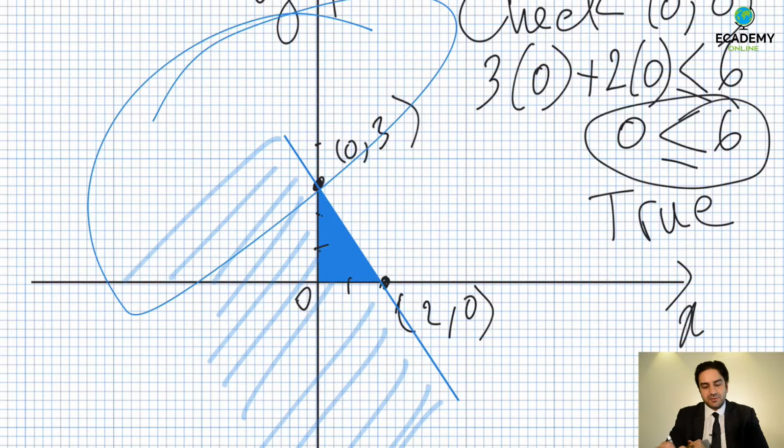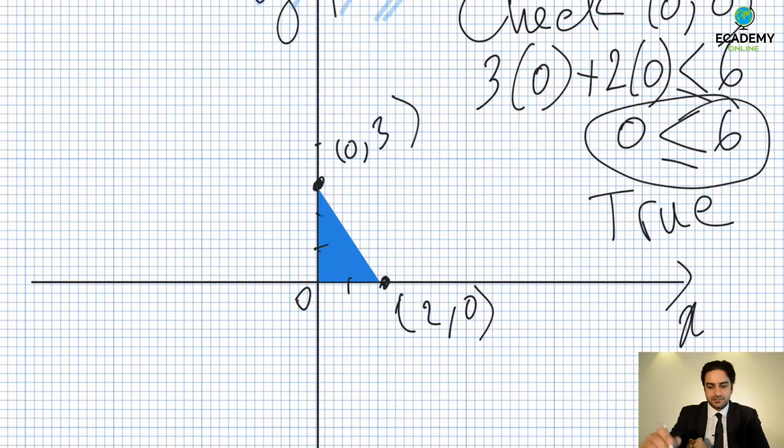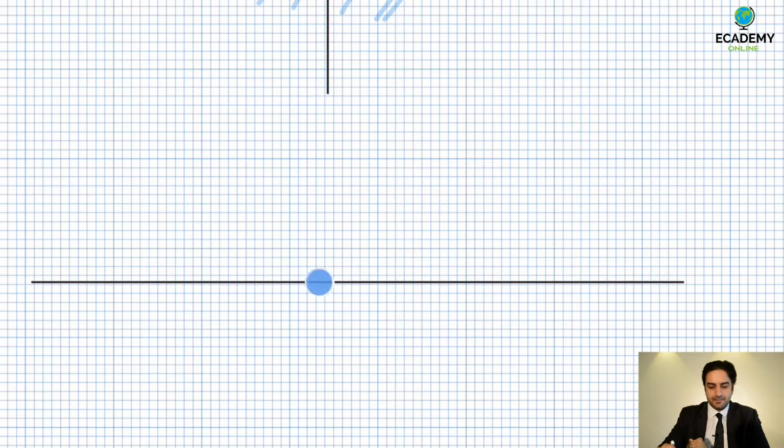Now what happens if we have an in-between relationship, or if we had a simple line that is not less than or equal to, that's just simply less than.